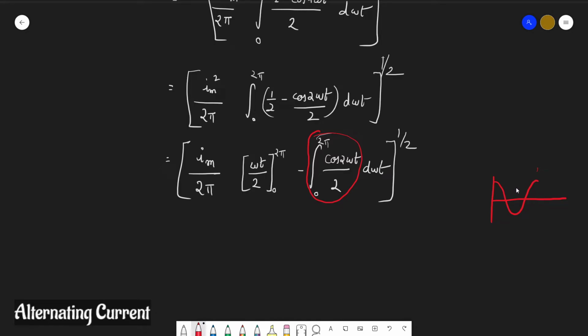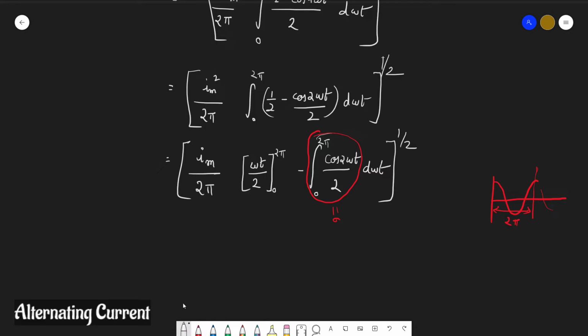So you need to understand this completely. After this, it will be repeating. So over one cycle, the area of the cosine function is 0, and this is integrated over one cycle 2 pi, and this is a cosine function, so this will be reduced down to 0.